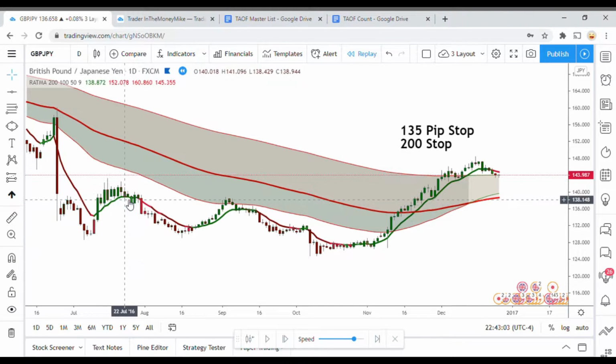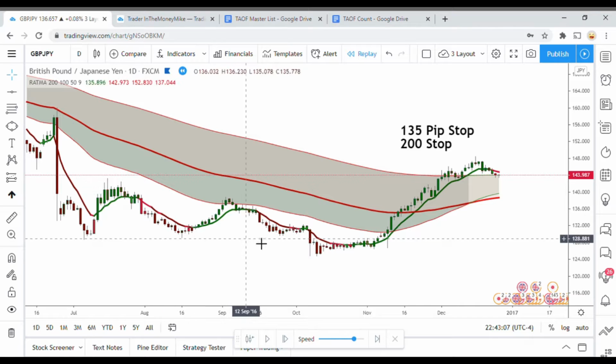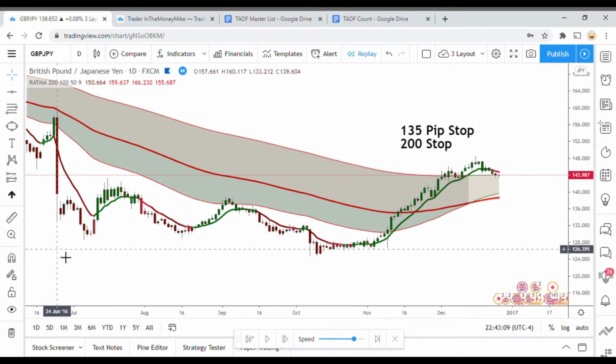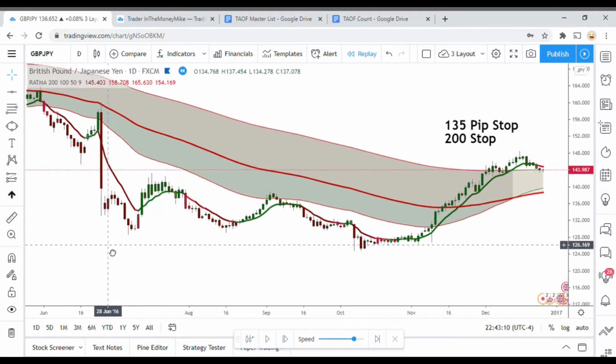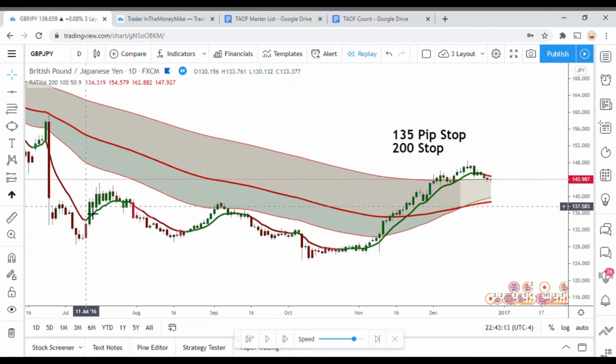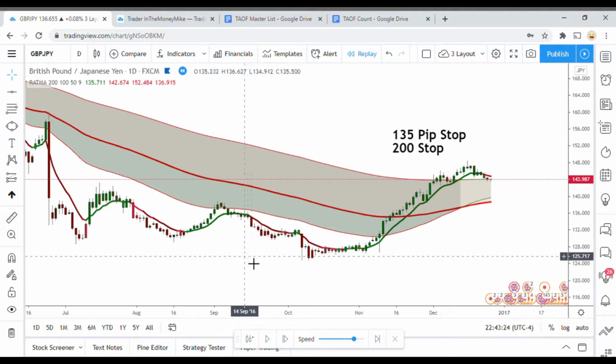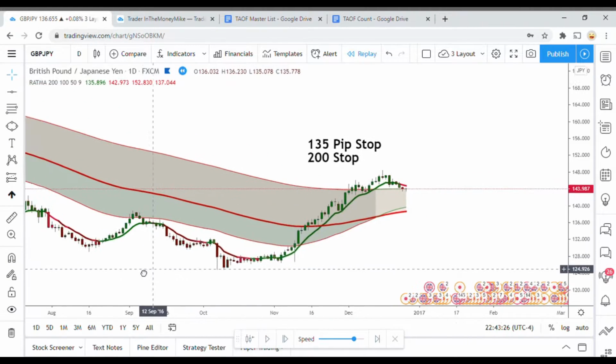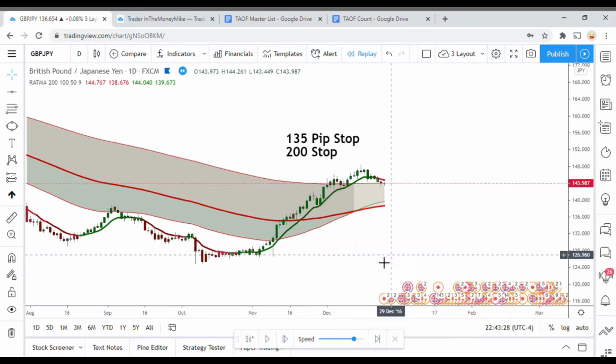There is dark green, light green, dark red, and light red. Basically the coloring indicates momentum. Dark green means strong buying momentum. Dark red means strong selling momentum.